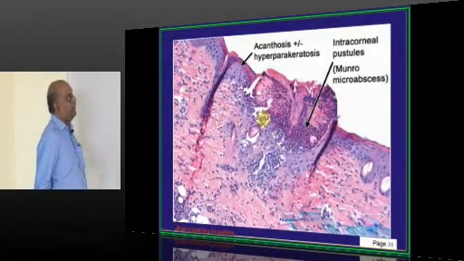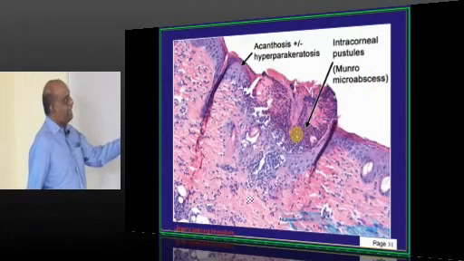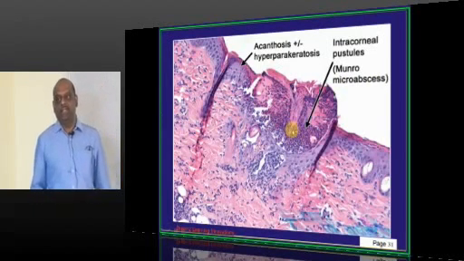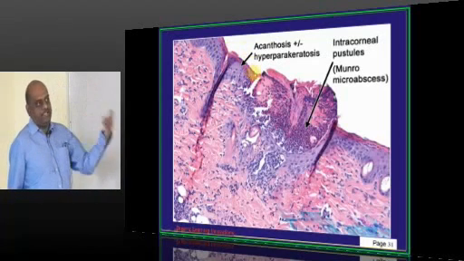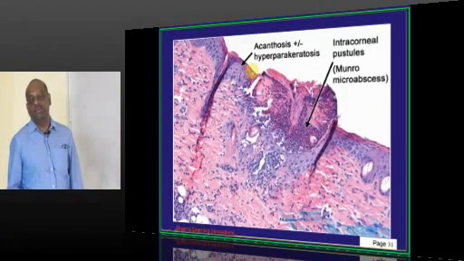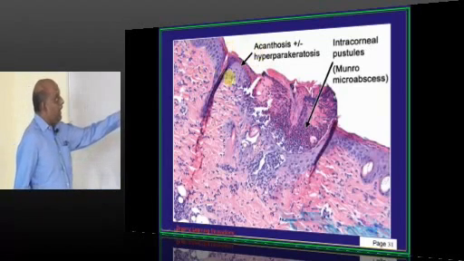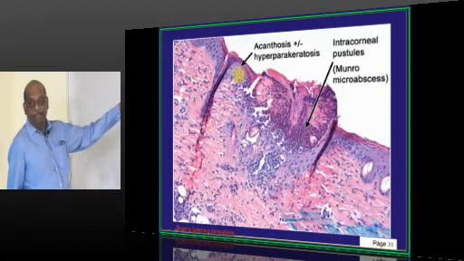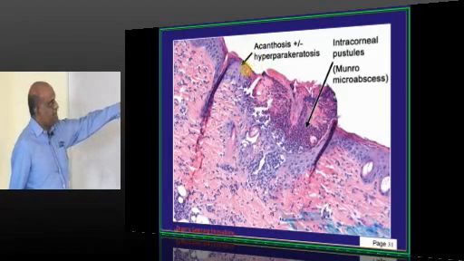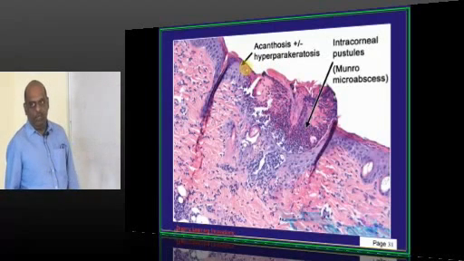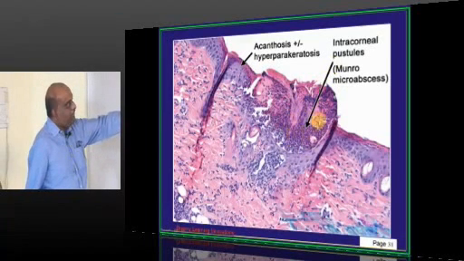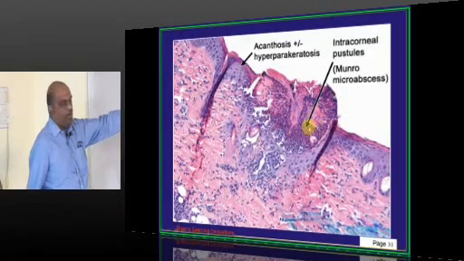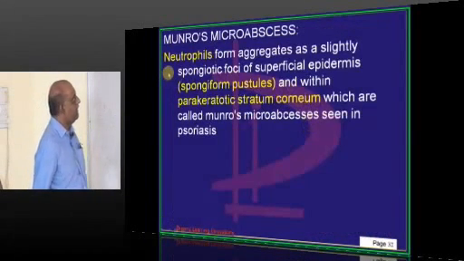And what does the debris basically contain? It contains the WBCs. And what are the other features that you see in case of psoriasis, doctor? Acanthosis, hyperkeratosis. I will come to each of them. What is the meaning of each of those words? Then in the stratum corneum you will find pustules, which are basically called Munro's microabscess.